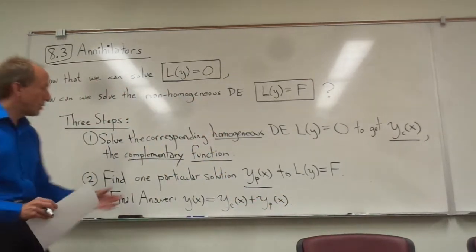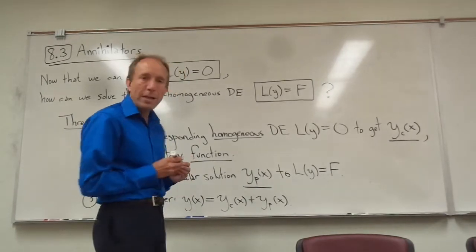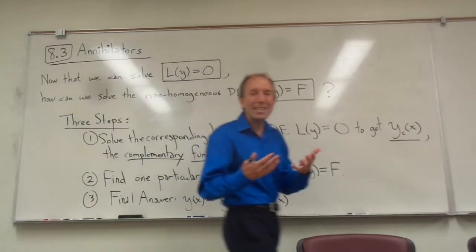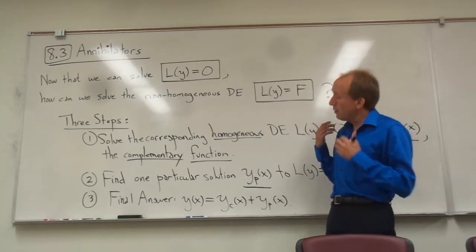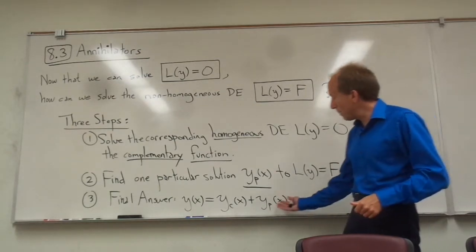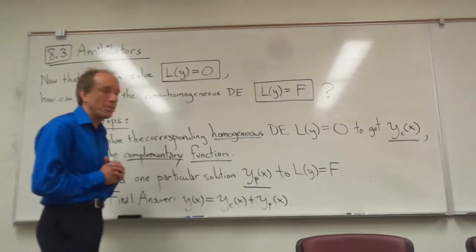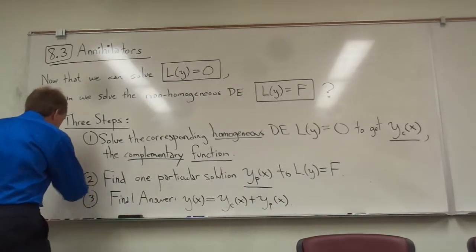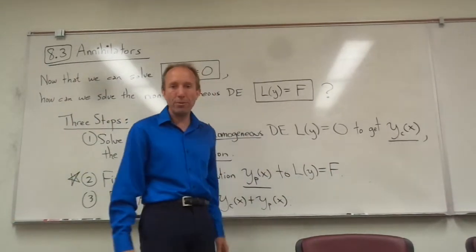So you simply add the two parts together. I hope that makes sense. Step one, of course, we already learned how to do in the last section. Step two is the part that's new in this section, in what I'm going to talk about in this video. And then step three is just wrapping it all together, adding the two solutions from the two parts that you have.